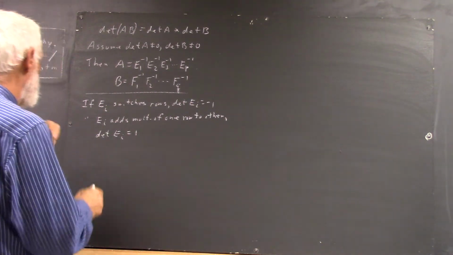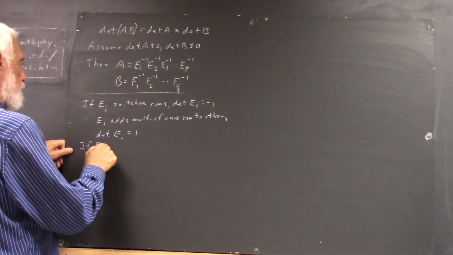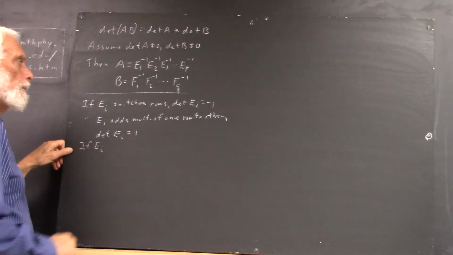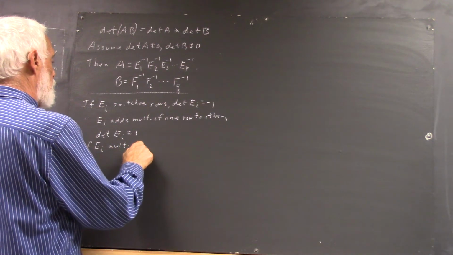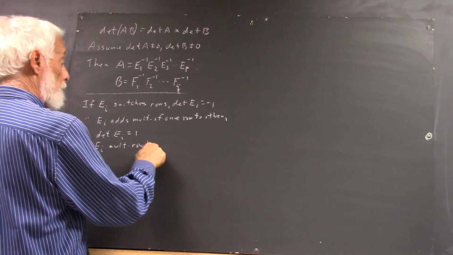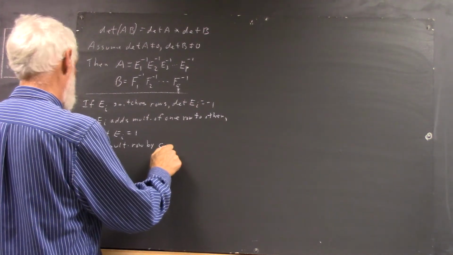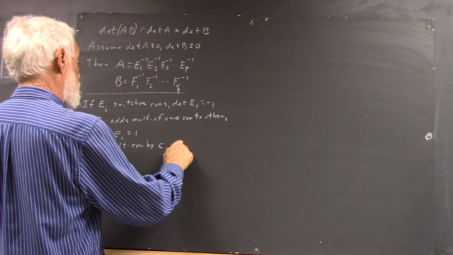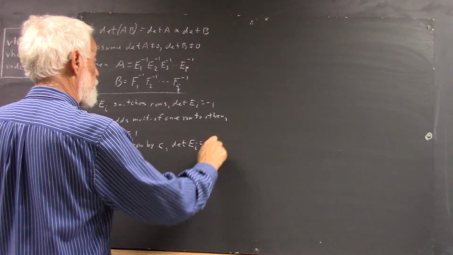And if E sub I multiplies a row by a number, let's call that number C, then the determinant of E sub I is C.